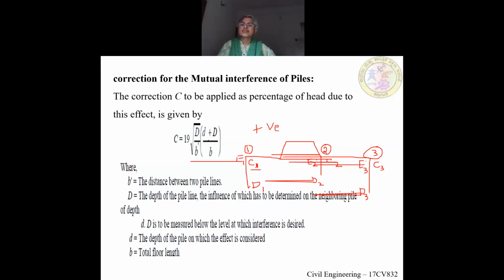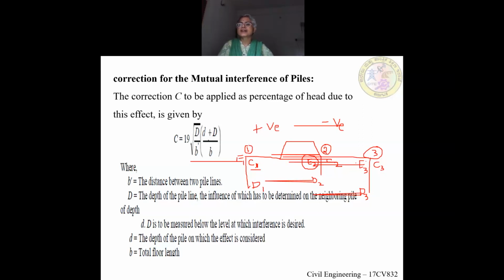If you are making a correction for E2, pile 1 will have influence on pile 2. The E2 point is in the forward direction, so we take it as negative. While making the correction for E2, you subtract this value. While making the correction for C1, you take positive because it is on the rear side, and E2 is on the forward side.